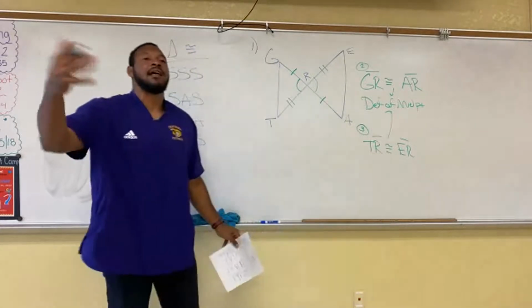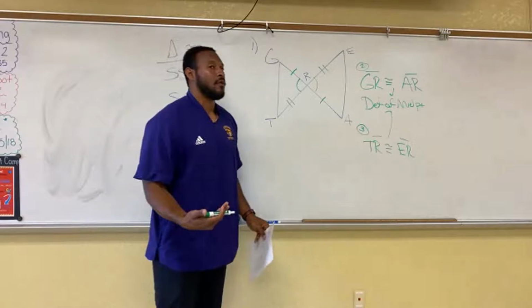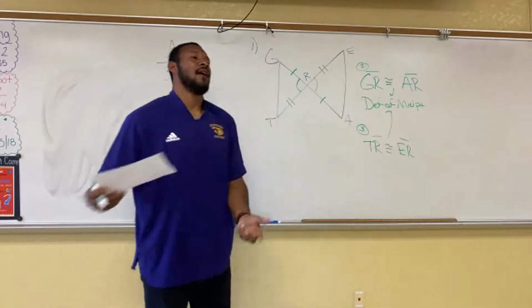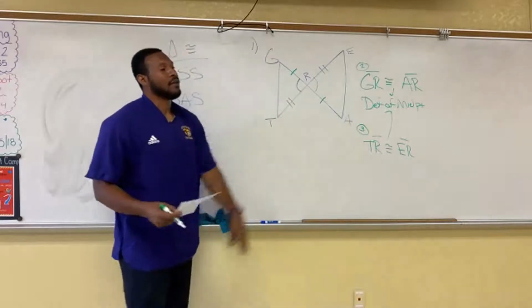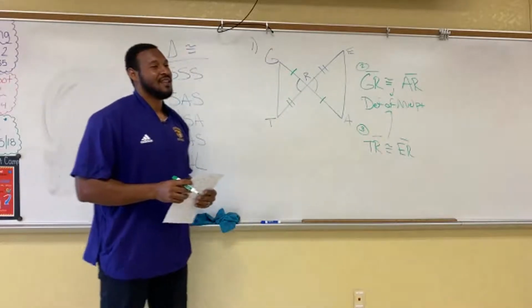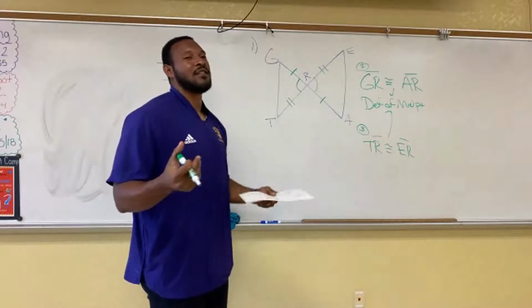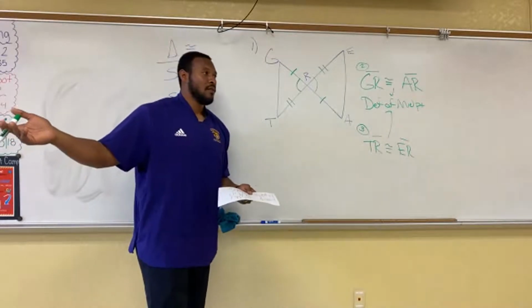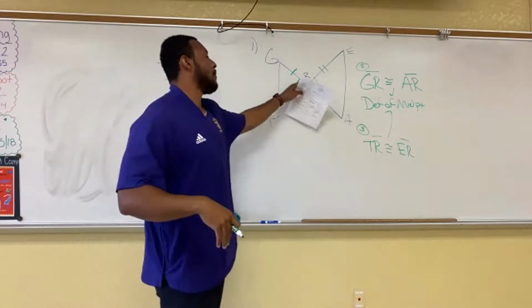They want you guys to tell them why they're congruent. So why are these 2 angles congruent? Vertical angles. How do you know these are vertical angles, by the way? They cross each other. What's another reason? R is the midpoint of both of the lines. Yep, R is the midpoint of both those lines.